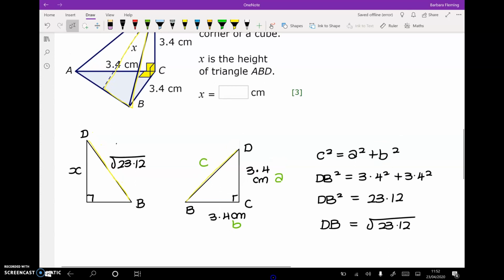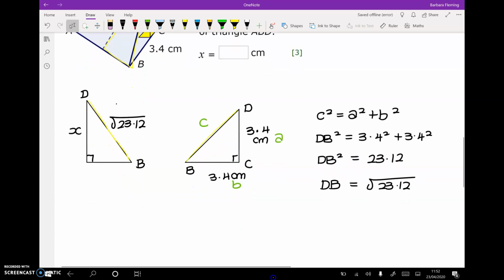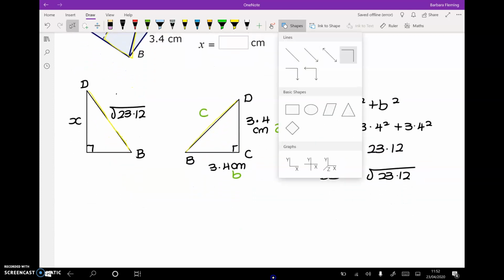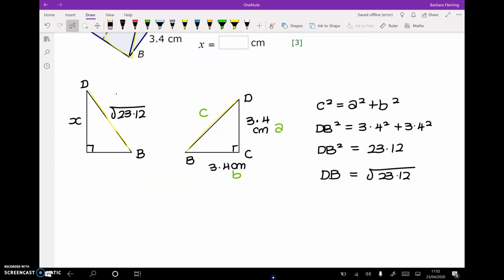Now, we still need to find the length of that bottom line before we can go for our x. So I'm going to draw another triangle here, the base one, so the ACB. Thinking about it in that way, A to C to B. Again, this is our sort of bird's eye view here.